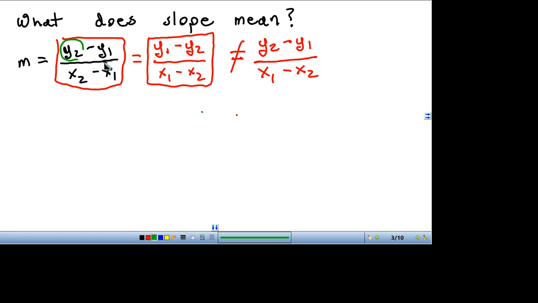If it starts with the y2 at the top, then it needs to start with an x2 at the bottom. Or if it starts with the y1 at the top, then it needs to start with an x1 at the bottom. But you may not start it with a y2 here and start it with an x1 there. Okay? That's a no bueno.